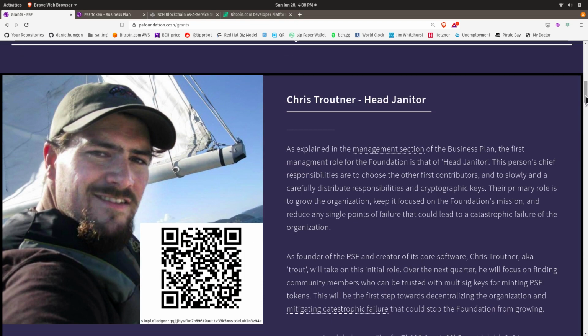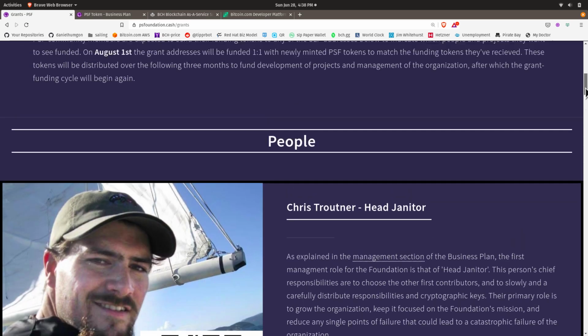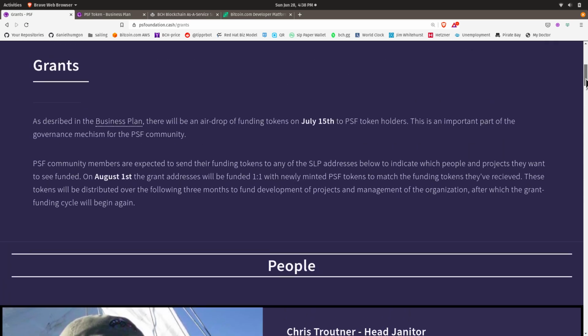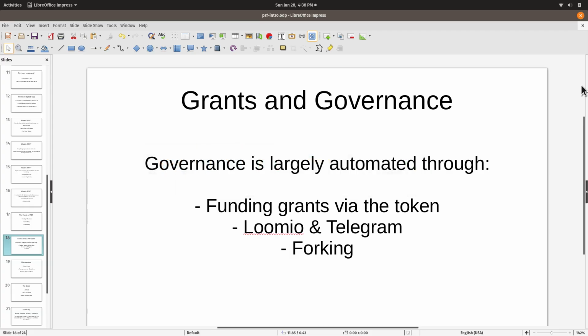And so this is how the community can hire and fire me and anybody else who would take the title of management on: they can simply choose to not fund them with these funding tokens. And that is essentially the governance.